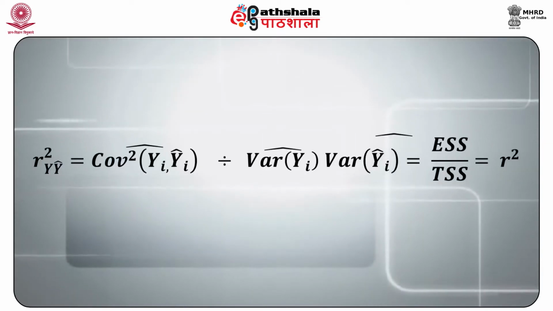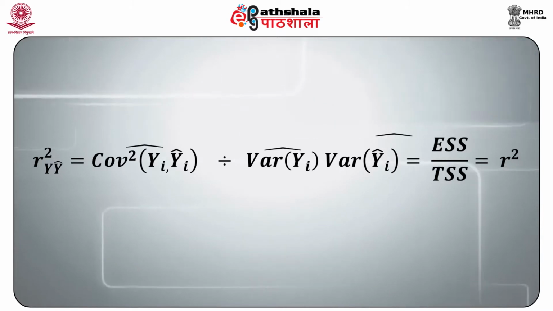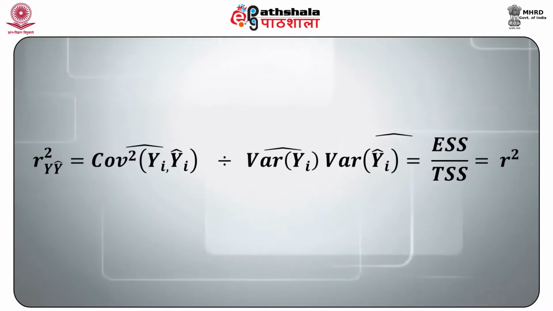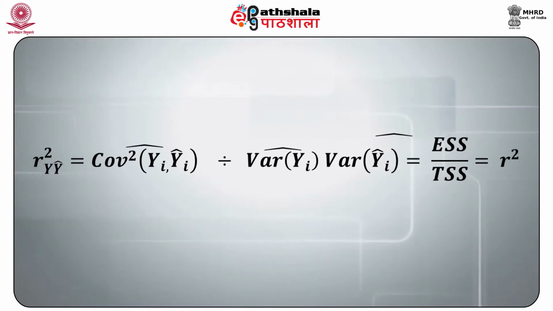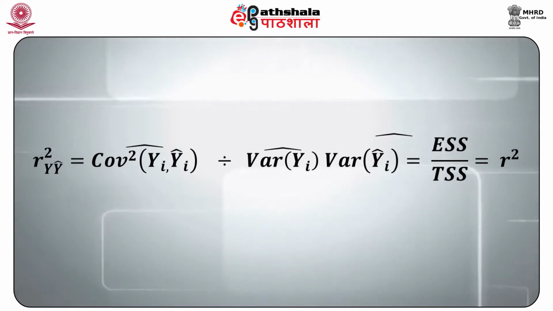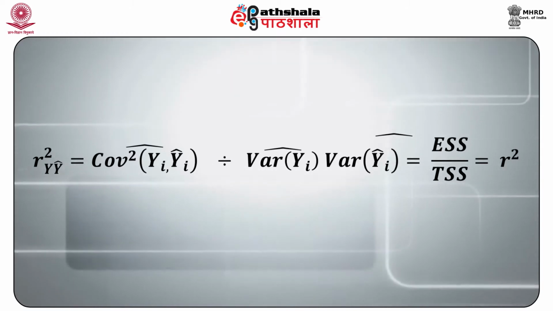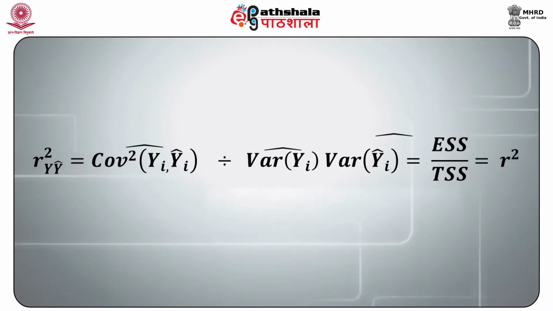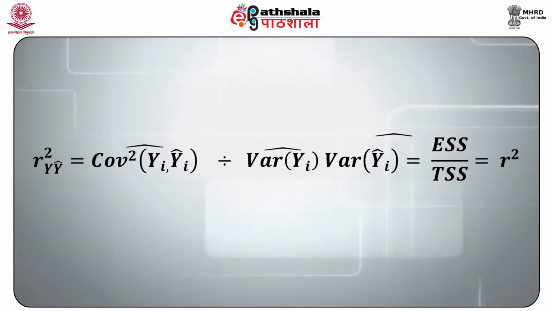Now therefore R square y hat is nothing but covariance square of yi hat, which is divided by variance of yi hat and variance of y hat. Now this is equal to explained sum of the squares upon total sum of the squares and is equal to R square.